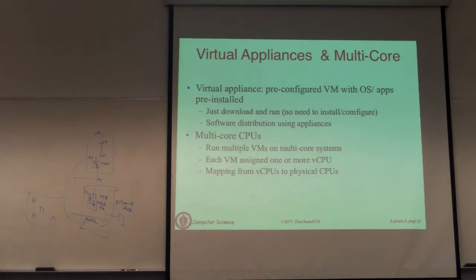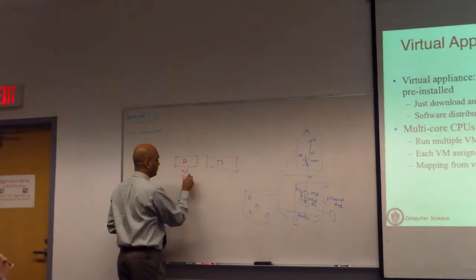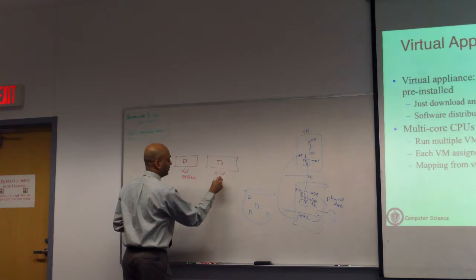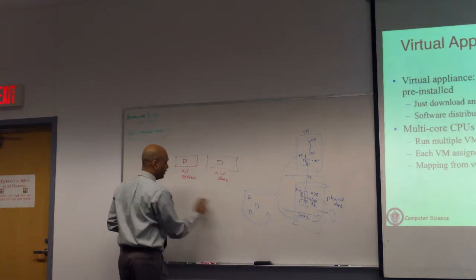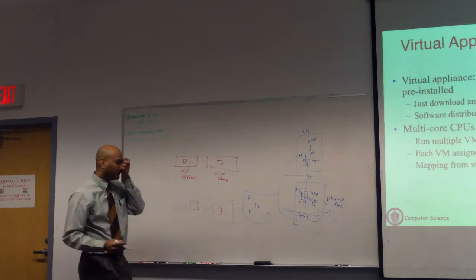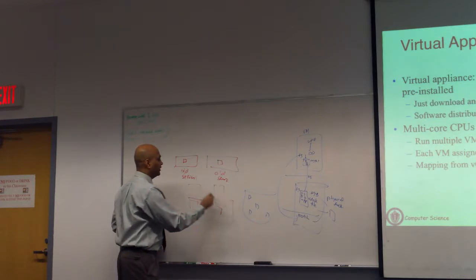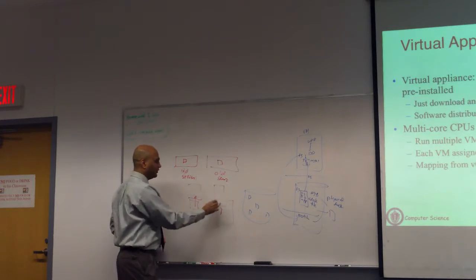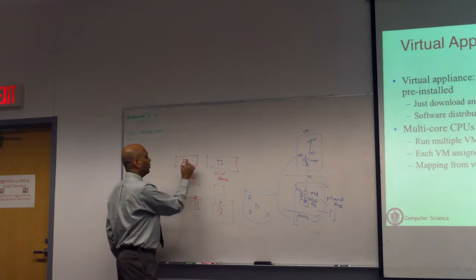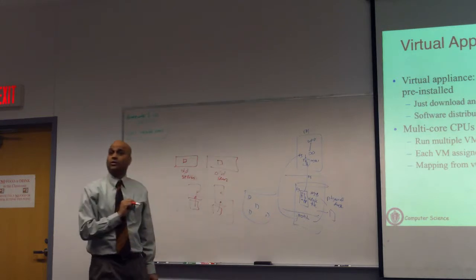So here's an example of consolidating 2 machines. Let's say you have 2 servers, each of which has 1 core. This is old server 1, old server 2. You go out and you buy a new replacement server which has, let's say, 2 cores. A very simple example. So what you would then do is you would run 1 virtual machine here, 1 virtual machine here, assign this core to this VM, assign this core to this VM, and then whatever was running here is going to run inside that virtual server, whatever is running here will be on that virtual server.